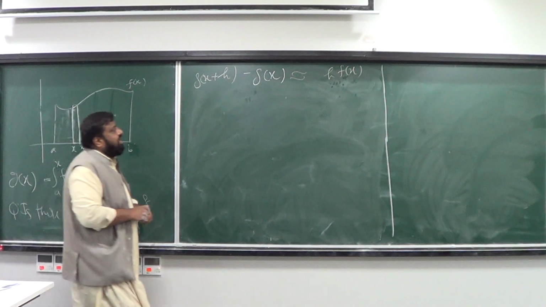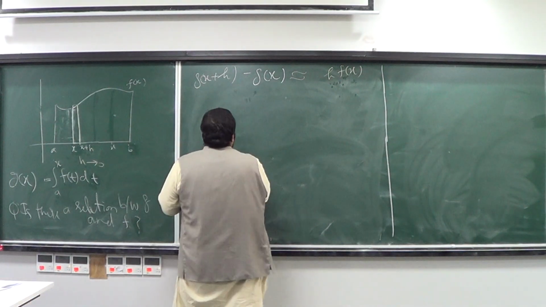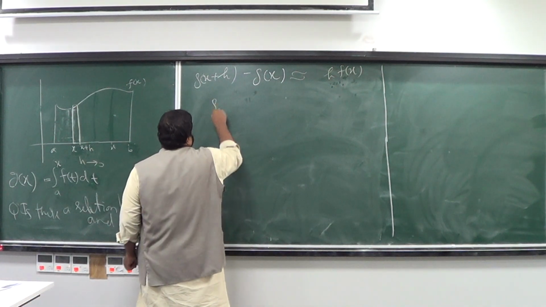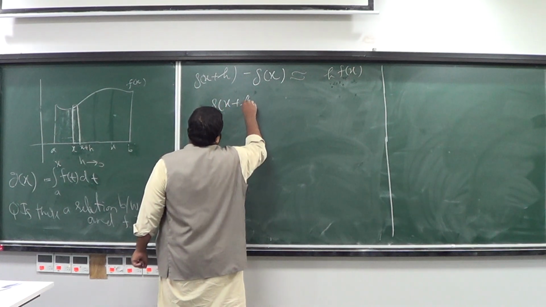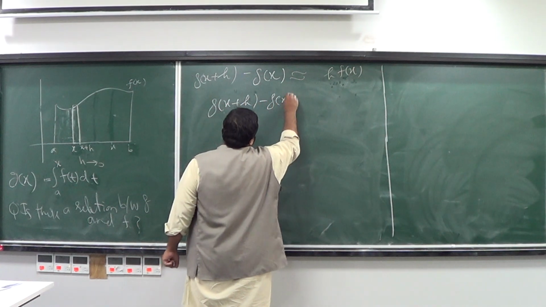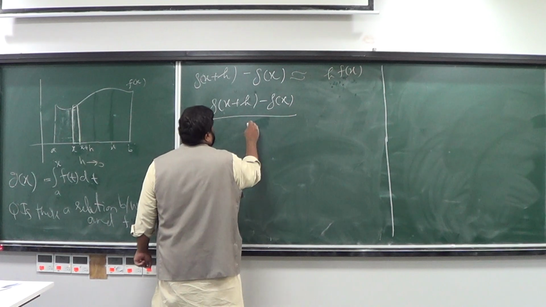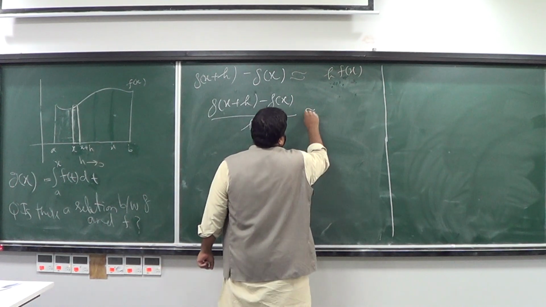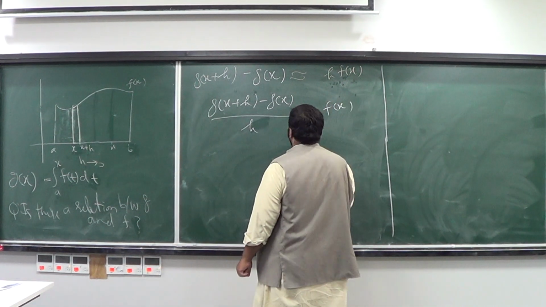So in this equation, if I divide both sides by h, this is approximately still f of x.